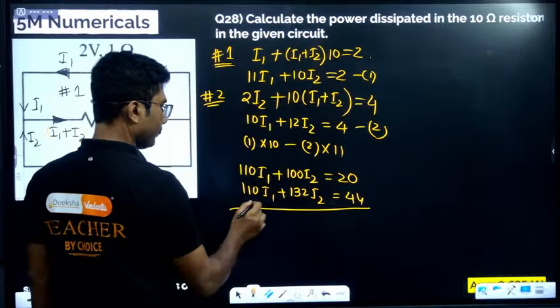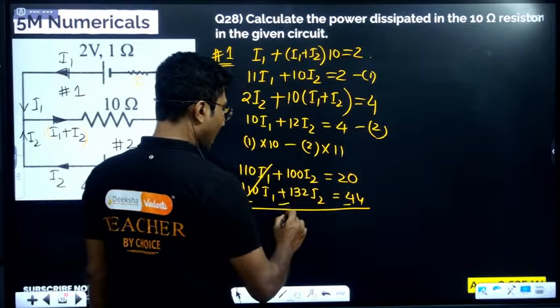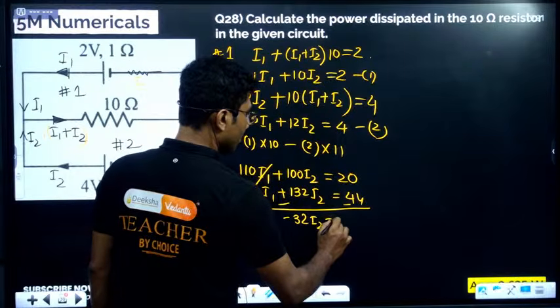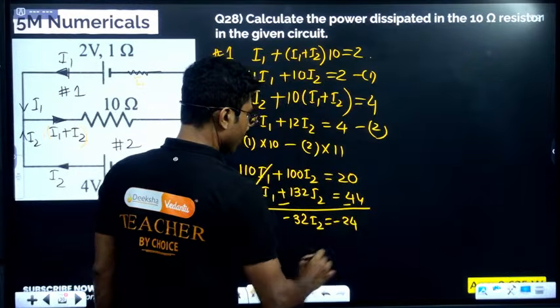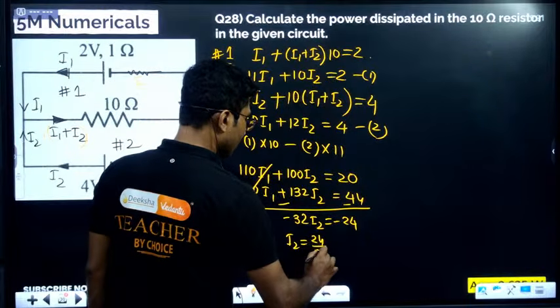Again subtraction. So this cancels, you get minus 32 I2 equals minus 24, or I2 equals 24 upon 32.